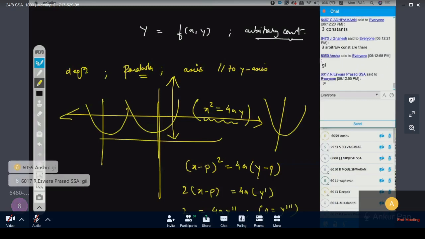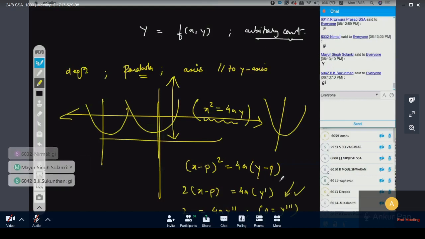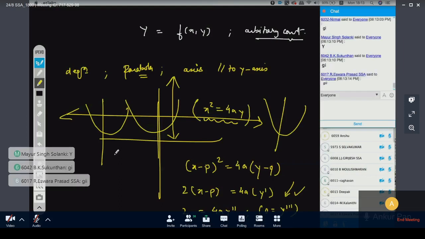The time when all the arbitrary constants are eliminated is your answer. So the differential equation is y triple dash equal to 0. Easy.